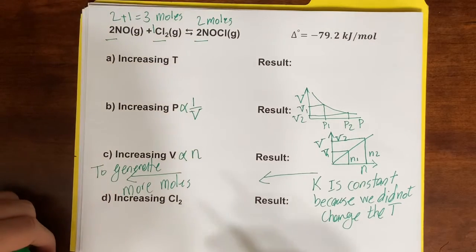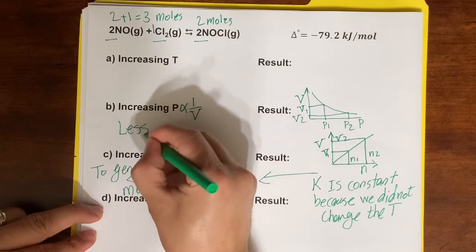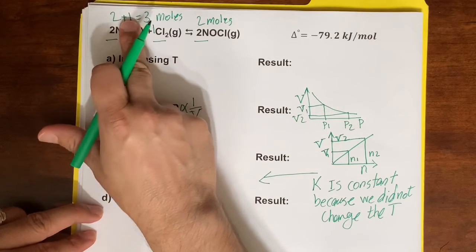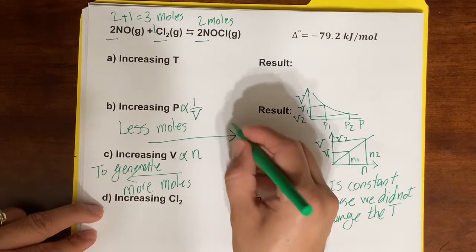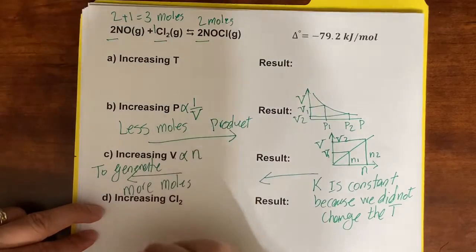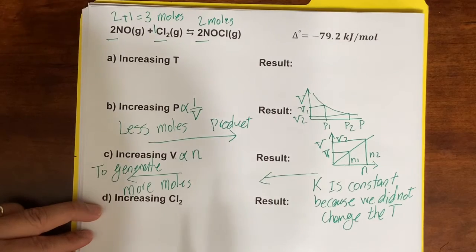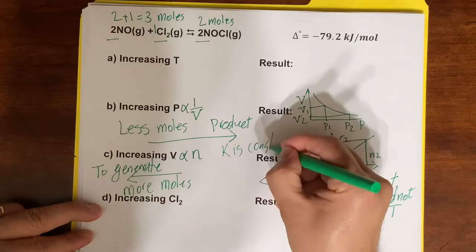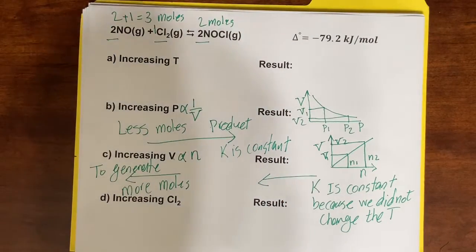So the reaction will move to the side that has fewer moles. 2 plus 1, 3 on the reactant and 2 on the product side. So it will move to the product side. How about K? K again is constant, because I did not change the temperature.